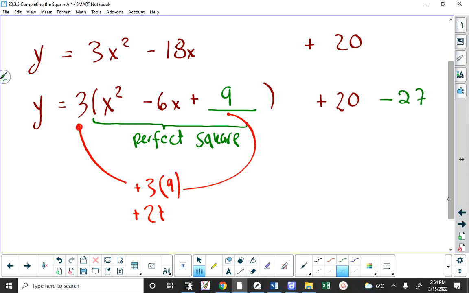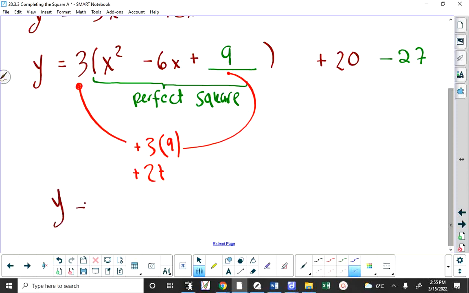Because that perfect square trinomial is being multiplied by that 3 that I factored out. The number that I add inside of the brackets has to be multiplied by that 3. So I've written plus 9, but I've written plus 9 in brackets that's being multiplied by 3. So I've added 27. And now we're pretty much done.